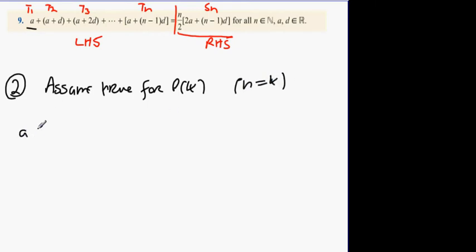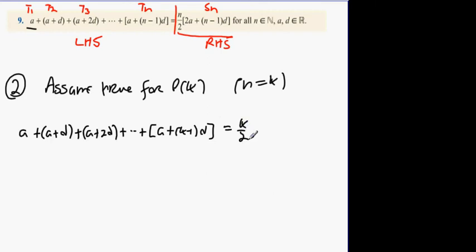We're going to get a, plus (a plus d), plus (a plus 2d), and then we're going to go all the way up to a plus k minus 1 times d, and that's going to equal k over 2 into 2a plus k minus 1 times d.